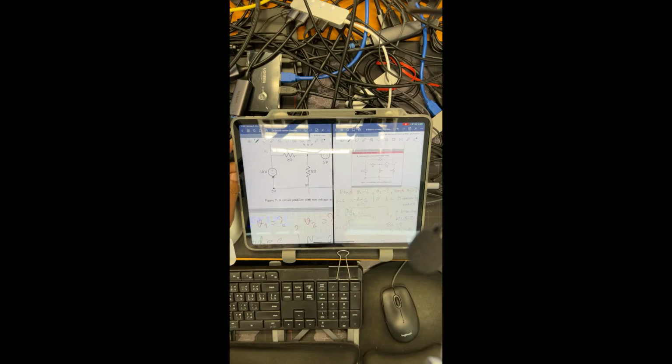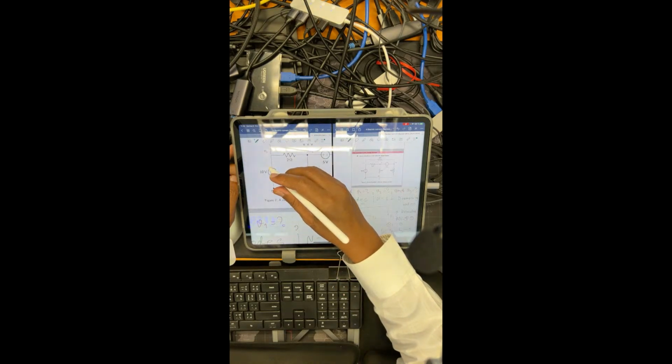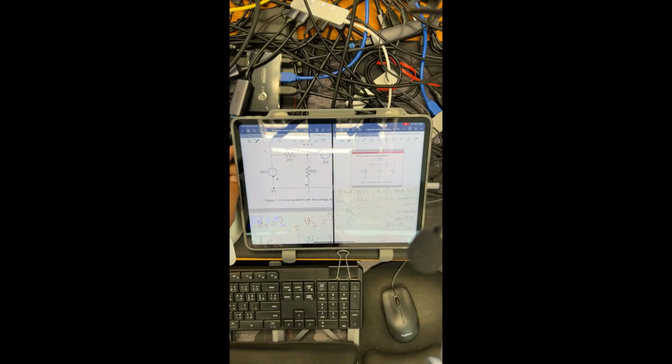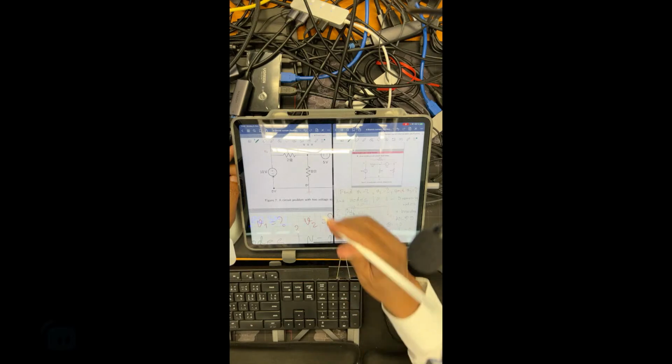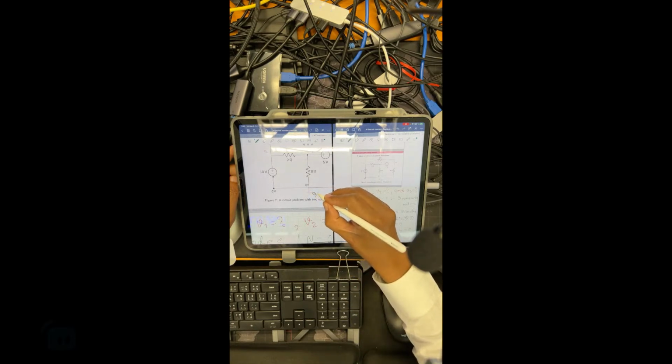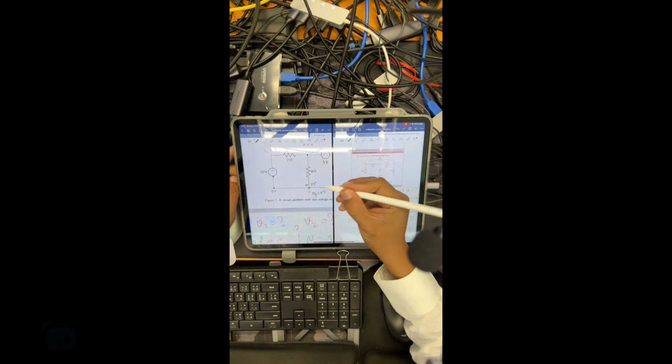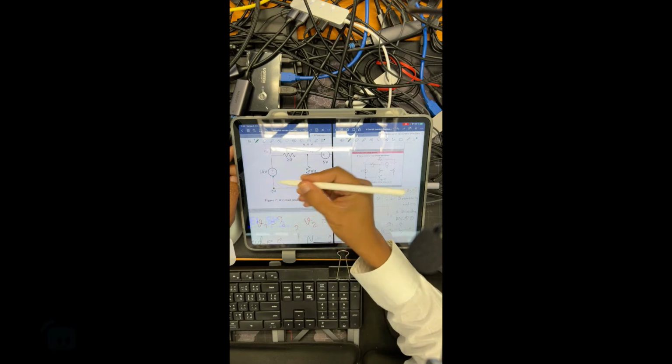What is the potential? How many volts do we have here at the negative side of this voltage source? This is Vg, 0 volt. We have also 0 volt right here, 0 volt also there.